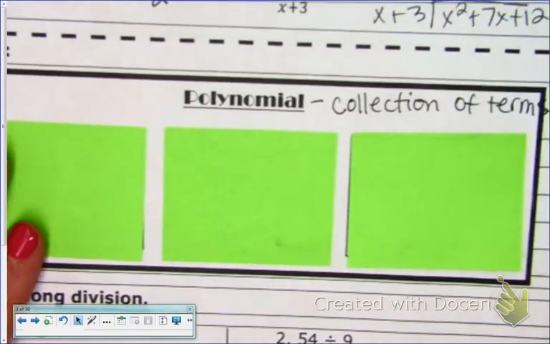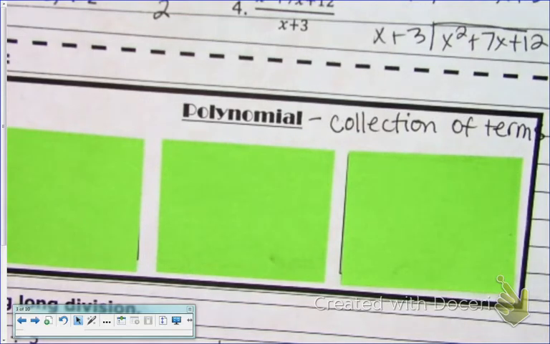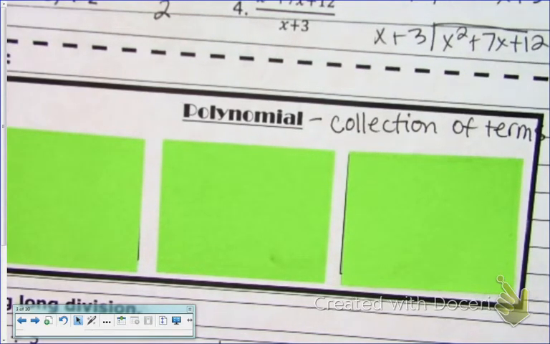Say polynomial. Polynomial. There you go. I can spell it the way that I say it. So polynomial.